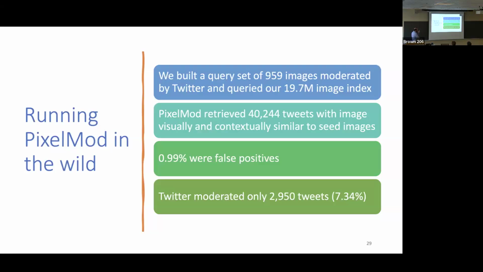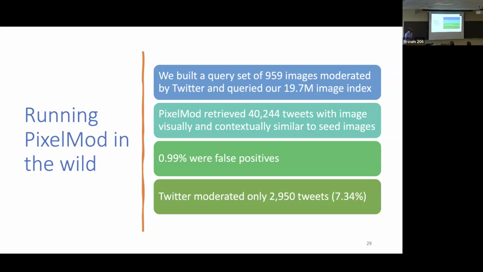So then again, we ran this in the wild. We built a query set of 959 2020 election related images that were moderated by Twitter. We did that by hand. And then we queried our image index of about 20 million images.